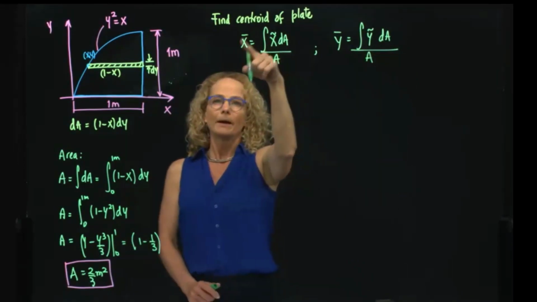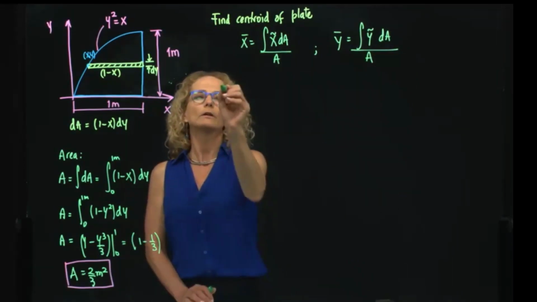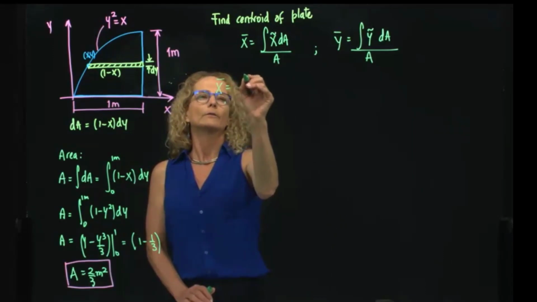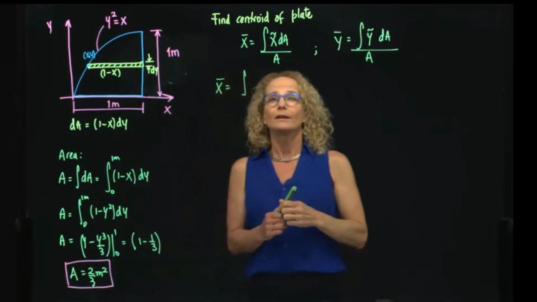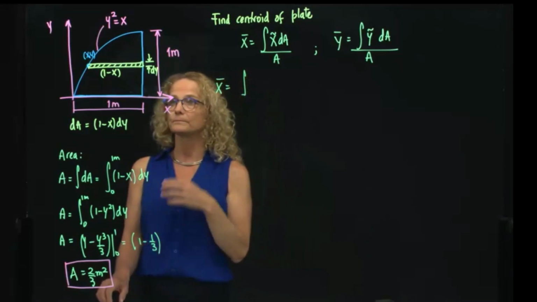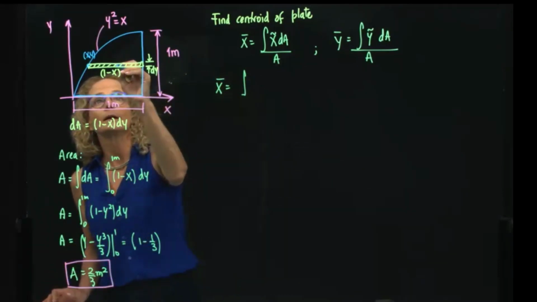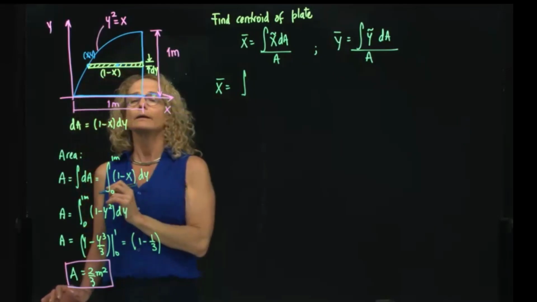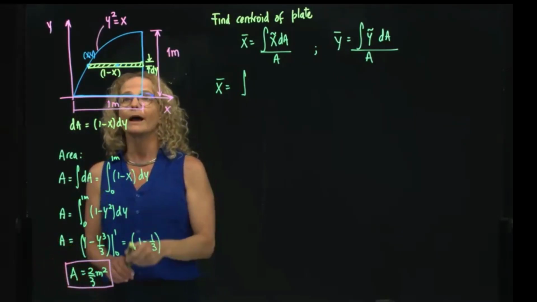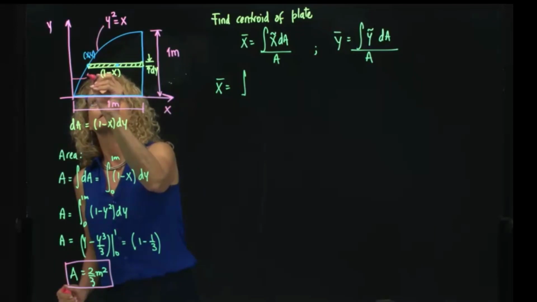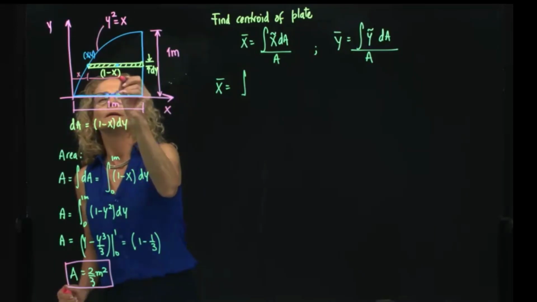So let's start with the x-coordinate. As you see, the location of my differential of area is right here. Where is that located? This will be x, and this will be here (1 minus x) divided by 2.